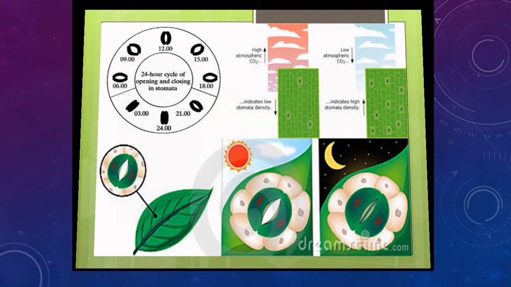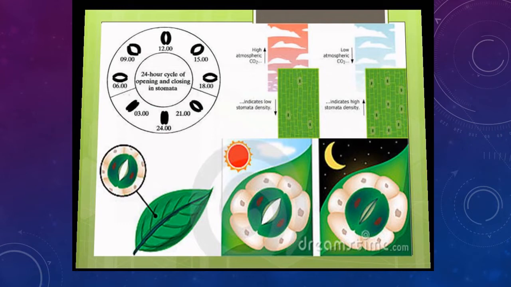Okay, so let's talk a little bit more about these stomata. Because like I said, this is where carbon dioxide is taken into the plant so that it can photosynthesize and produce sugars. So the amount of stomata that are present on the plant is directly related to the amount of carbon dioxide in the atmosphere, while it's developing, I should say.